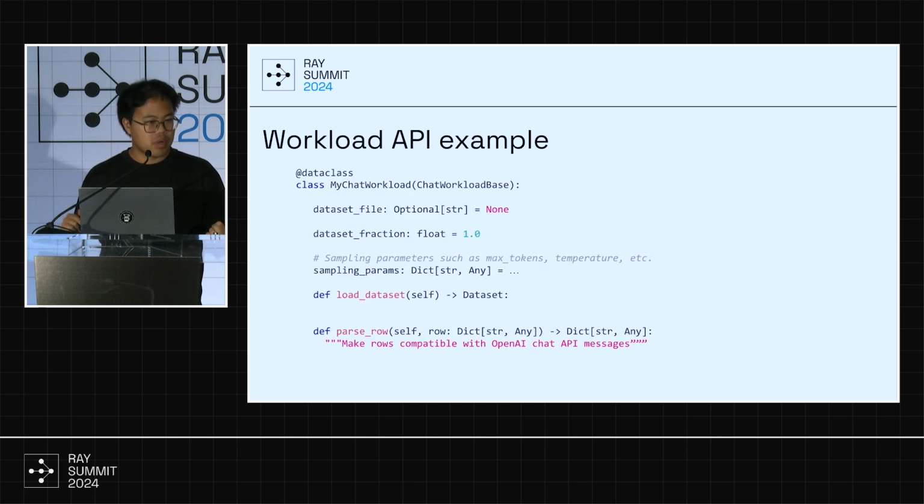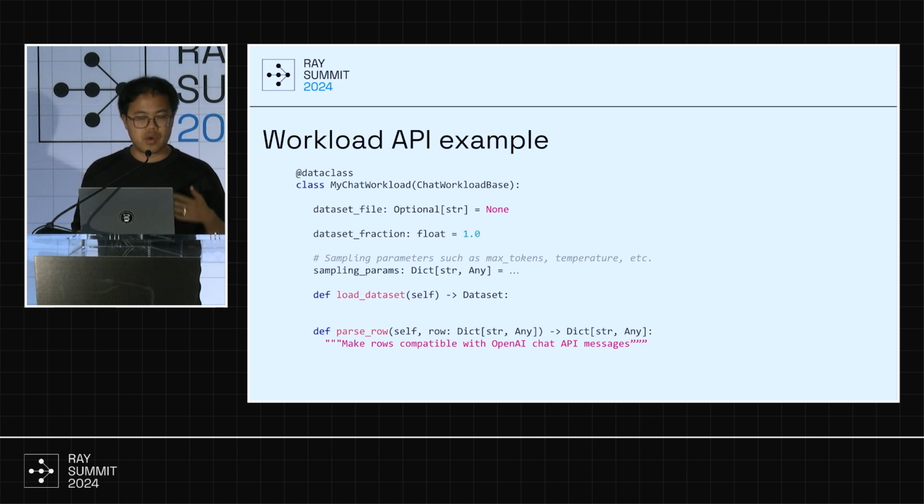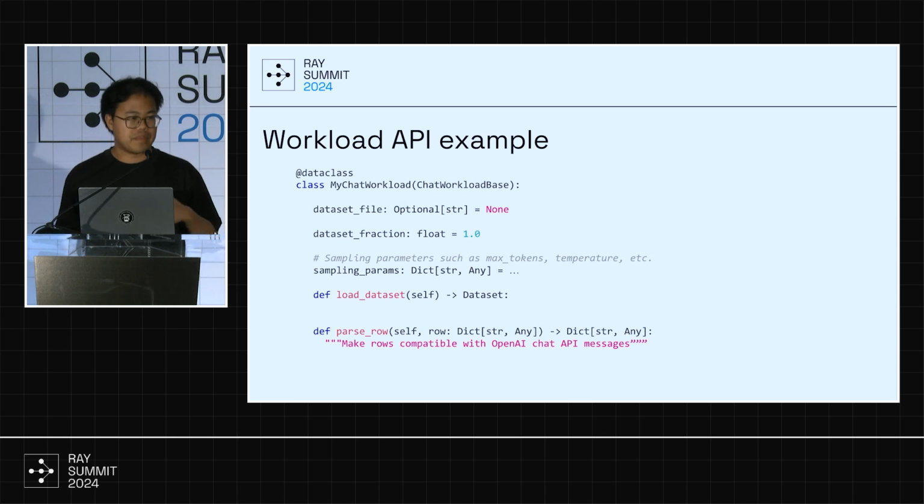Now, let's dive into what this workload API actually looks like. It's quite simple. Effectively, you should be able to express where your dataset is located and do some pre-processing of the dataset within this load dataset abstraction. There are some specific parse row operators so that you can express how exactly you want to massage the data, for example mapping it into an OpenAI chat API format so that you can do batch inference in that setting.